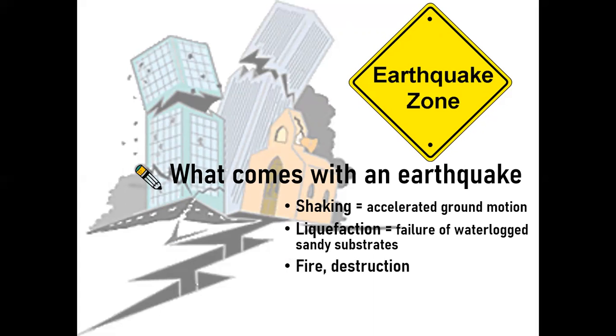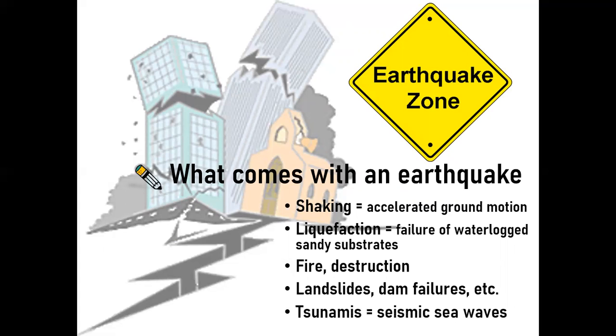We will also have fire and of course destruction that comes with it. And we can also have landslides, which is the slipping of the upper part of the earth, and dam failures, where the water has been stored, and many other problems.